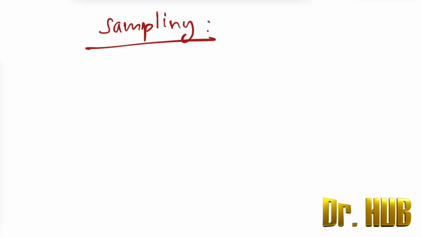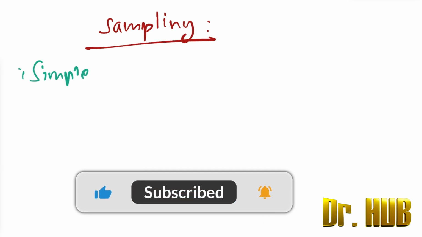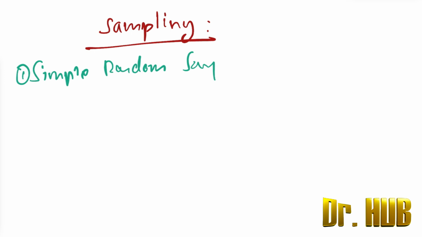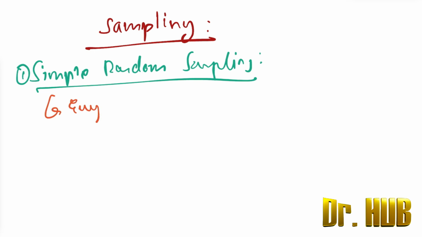To begin with, first the simple random sampling. In simple random sampling, the samples are drawn in such a way that every element in the population has an equal chance of being included.